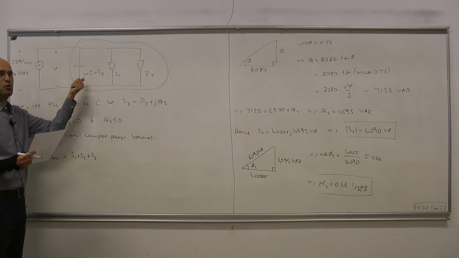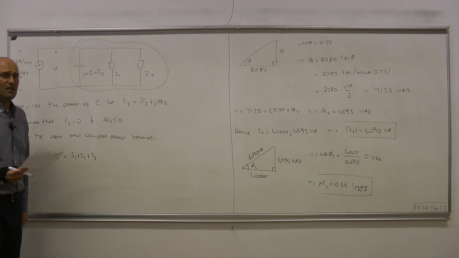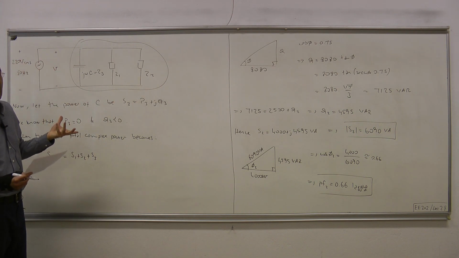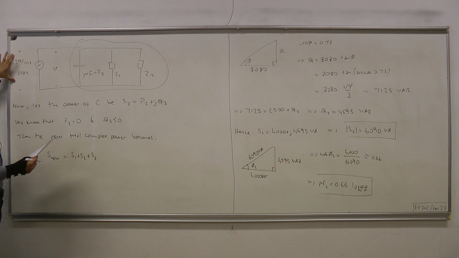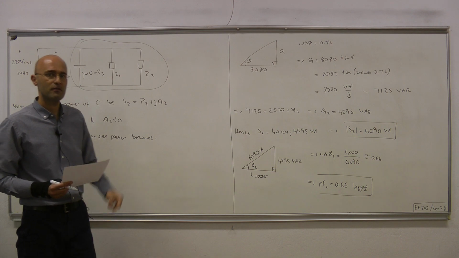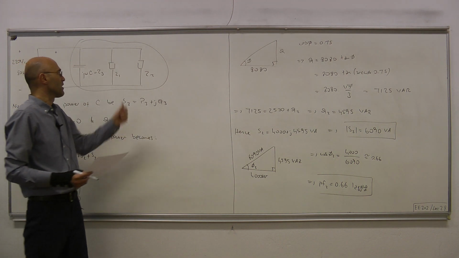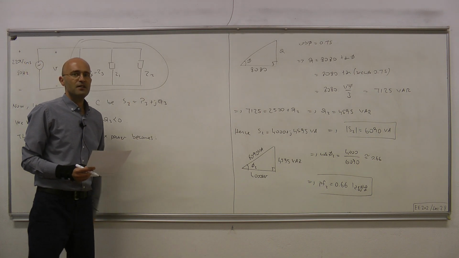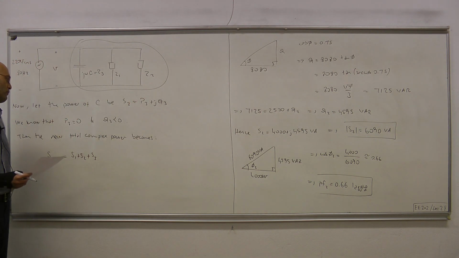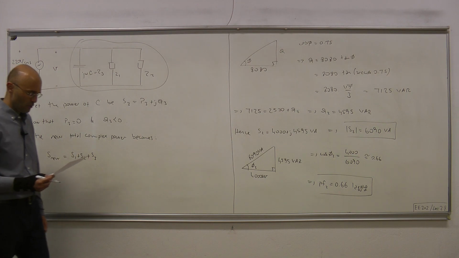Note that in the new situation, the S1 and S2 haven't changed because the voltage here is fixed. So they still see the same voltage drop from the RMS point of view across their terminals. Therefore, everything is the same for Z1 and Z2, from the power point of view at least. And then S new equals S1 plus S2 plus S3.